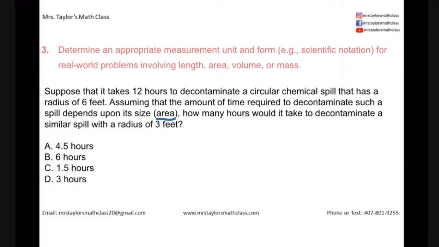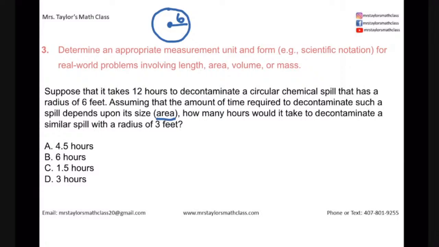You read it one time, just like you tell your students. Go reread it again, but this time look for those key terms you need. So suppose it takes you 12 hours to decontaminate a circular chemical spill that has a radius of 6 feet. So now all they're saying is you got a spill, circle, radius, 6 feet. That's what they're telling you.